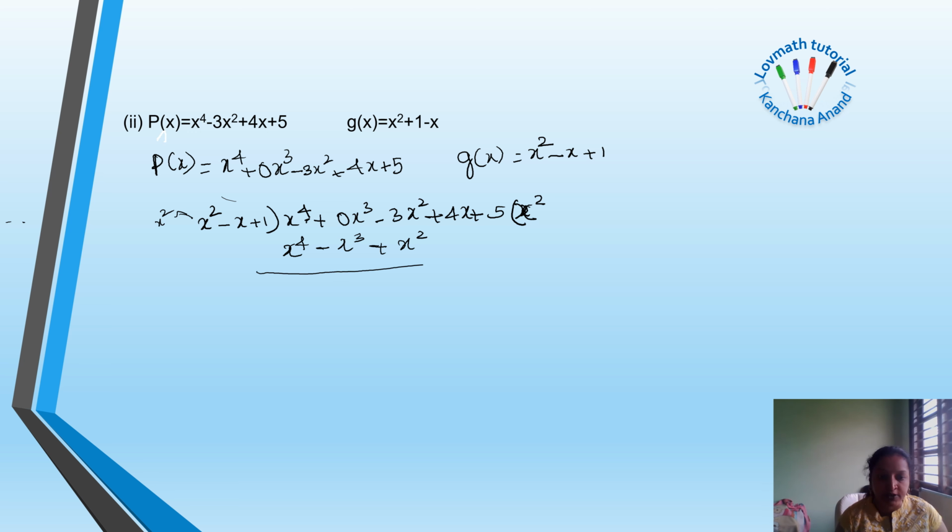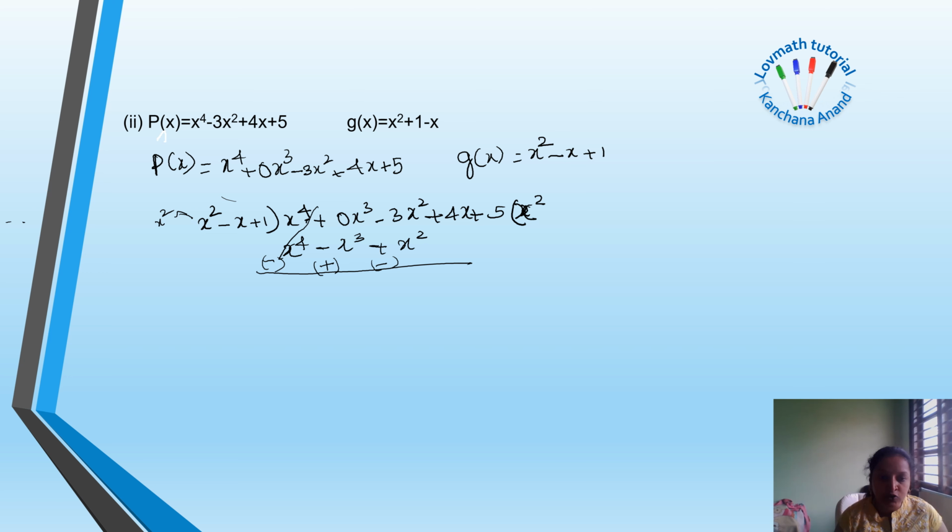Now let us subtract this. Here plus x to the power of 4 becomes minus x to the power of 4. Here minus x cube becomes plus x cube, and plus x square becomes minus x square. Now plus x to the power of 4 and minus x to the power of 4 get cancelled. That means it is equal to 0.